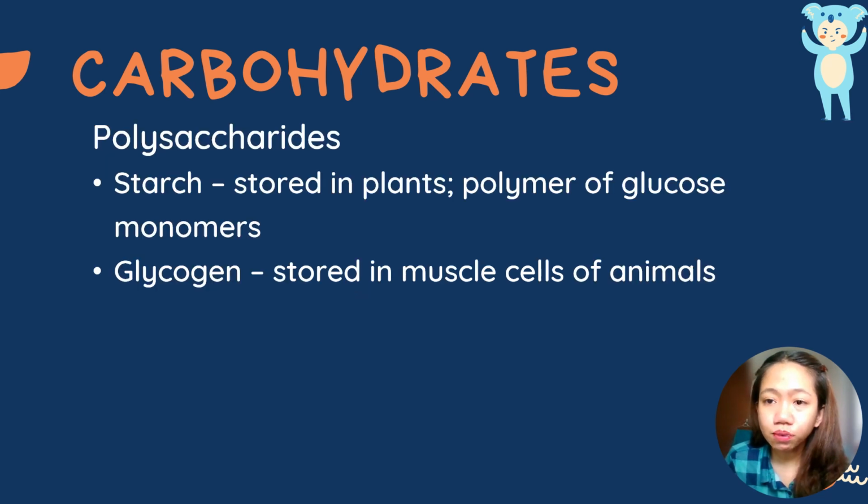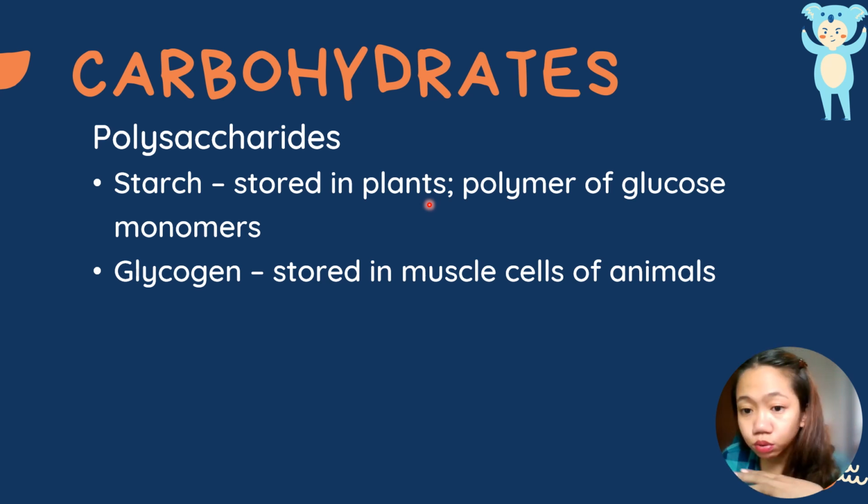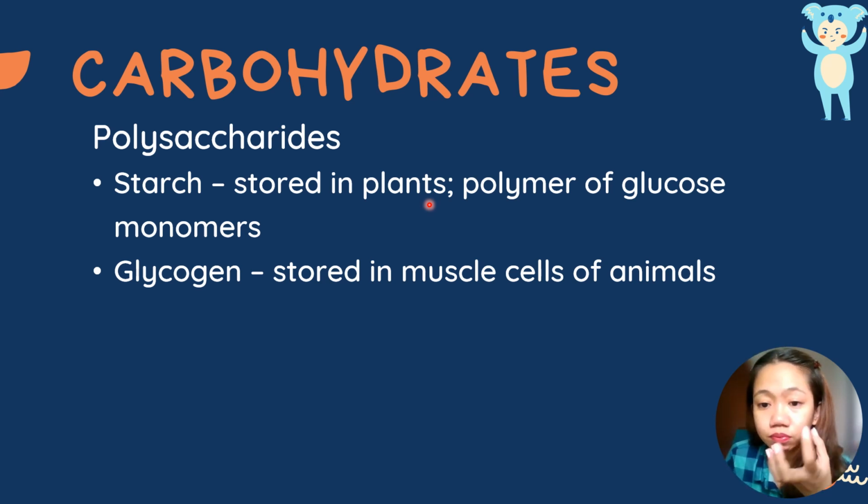So in terms of the function of polysaccharides, starch is of course considered the storage molecule of plants. That's why the root crops, where these types of plants save their excess energy or excess sugar, like potatoes and so on, are rich in starch because they are sugar storage.